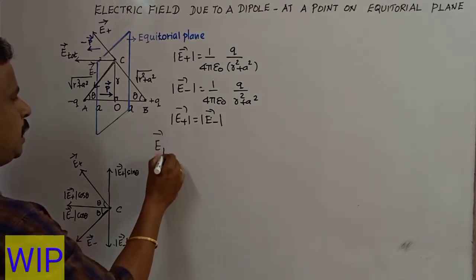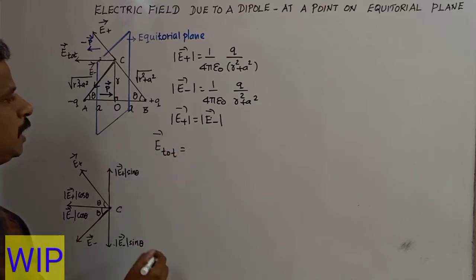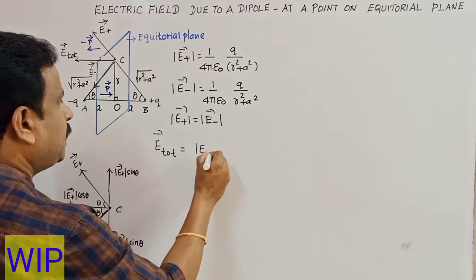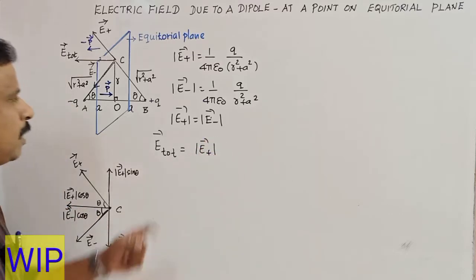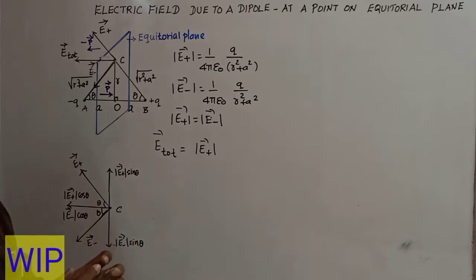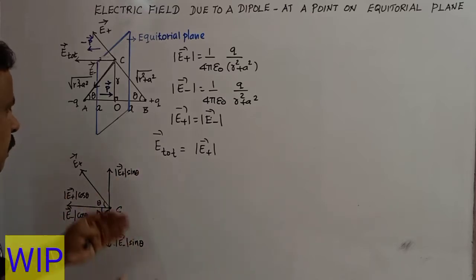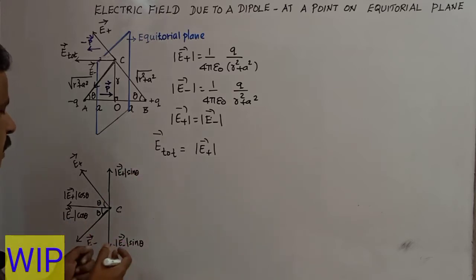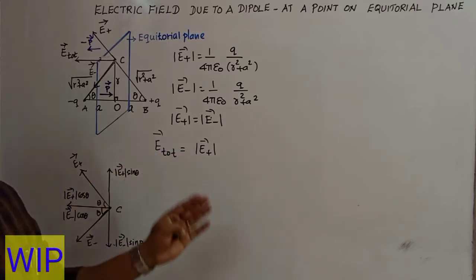Then what is the total electric field vector? That is the point we have to find out. The total electric field is modulus E plus vector. Since modulus E plus and modulus E minus are equal, what will happen to the vertical components? They are equal and opposite vectors, therefore they will cancel each other. So the vertical component effect will be 0. Nothing will happen when you ignore modulus E plus sin theta and modulus E minus sin theta, because they are cancelling each other.